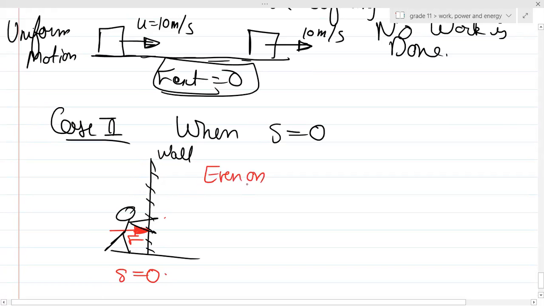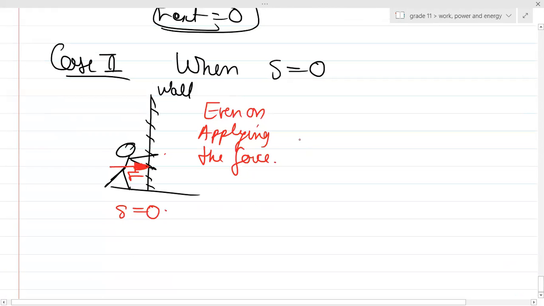Sir, just a small question: why is the shortest distance called displacement? I don't know. They named it that. I never checked the reason for naming it displacement. Do you know any reason?